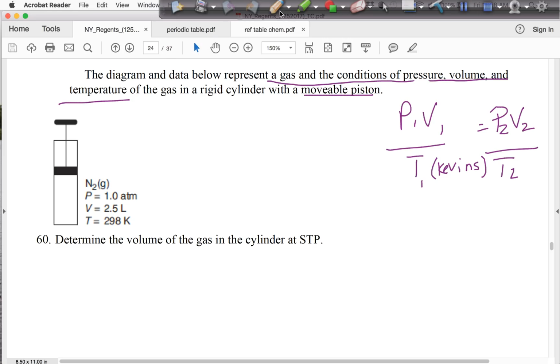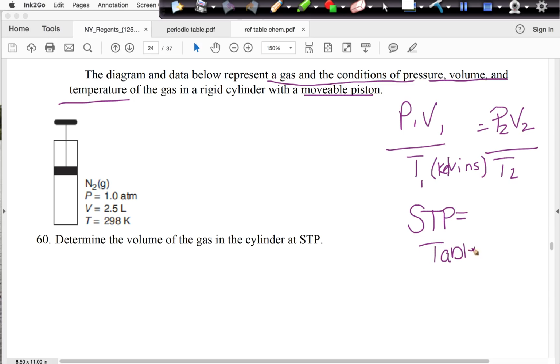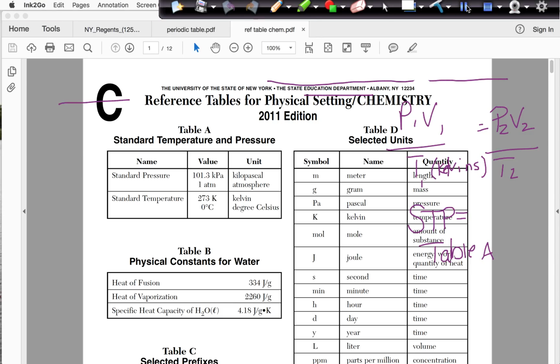Oops, I wrote Kevins. We also know that if it says something about STP, STP is on table A. And as we look at table A, standard temperature, we're only going to use kelvins, is 273 Kelvin.